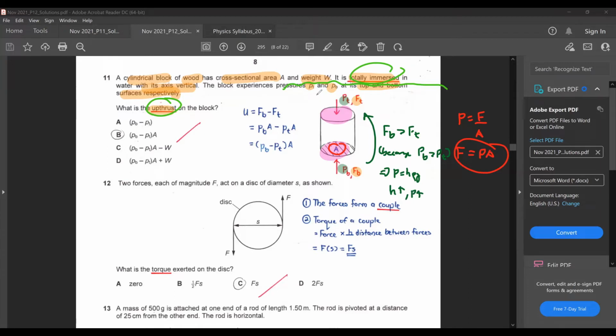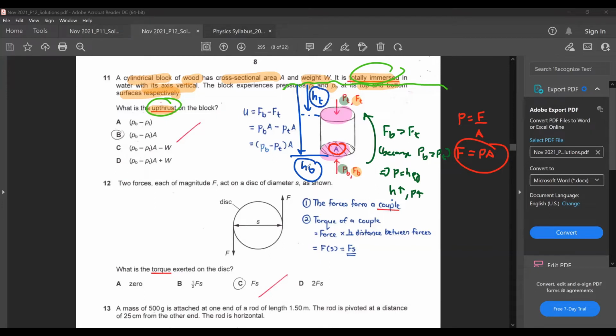H is called height by some people, but because you're submerging something and you're measuring from the top, I prefer to call it depth. So this one is say H to the top. This one is say H to the bottom. The HB is more than HT.